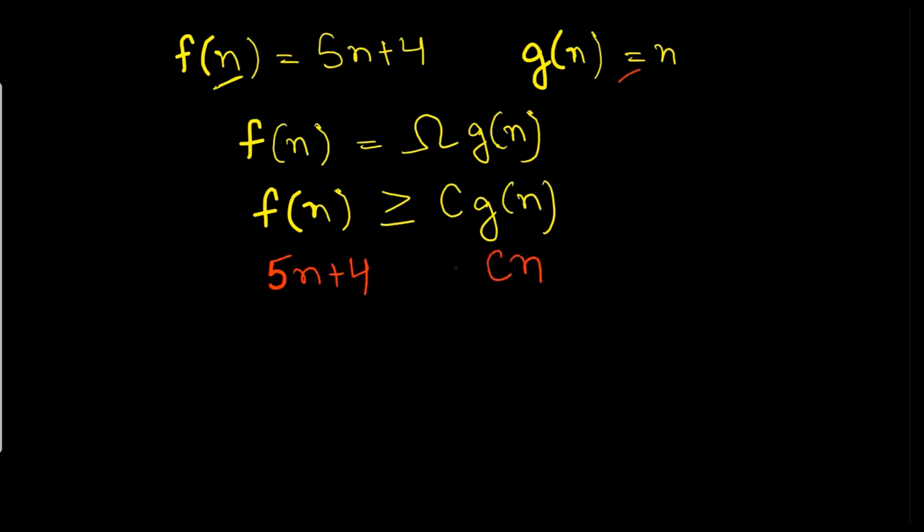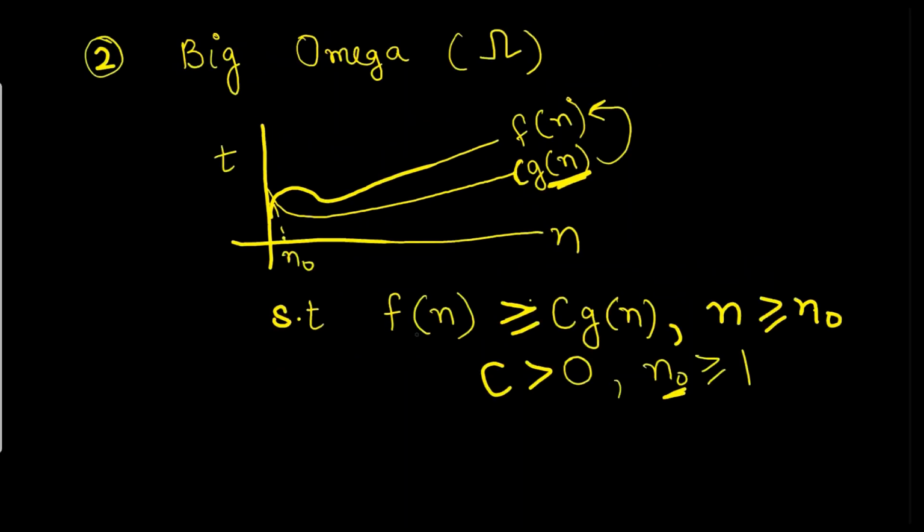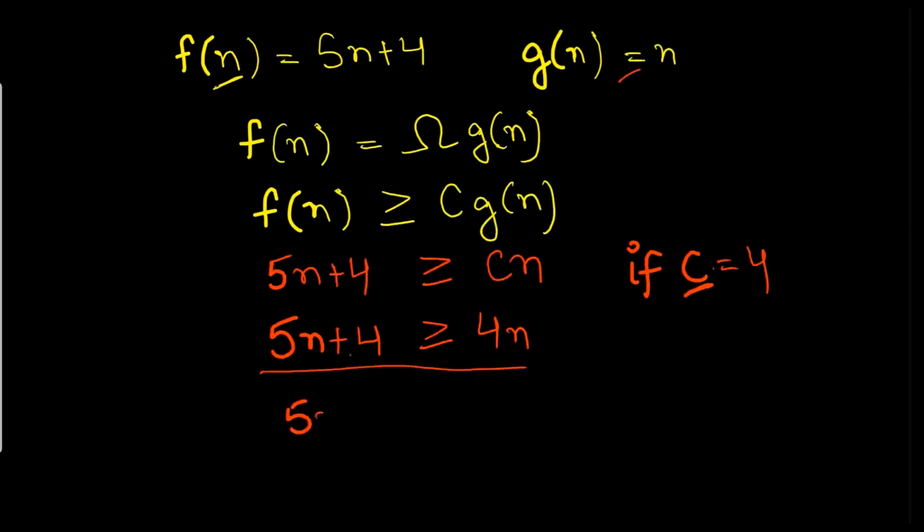We will take the constant c. Here if I put c equal to 4, then 5n plus 4 is greater than or equal to 4n. So I took c equal to 4 such that it satisfies the condition where f(n) is greater than or equal to c·g(n), and I can write 5n plus 4 is omega of n.